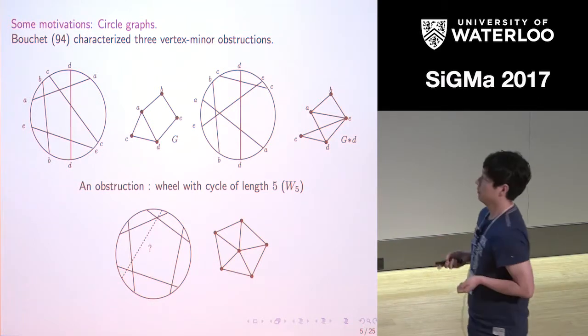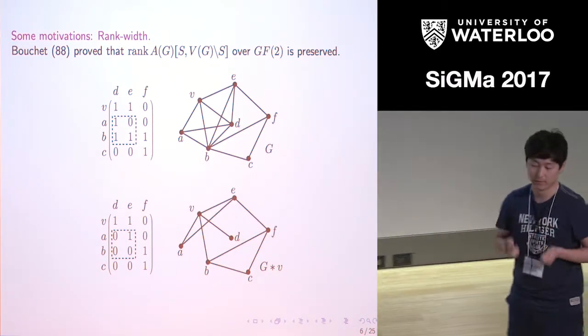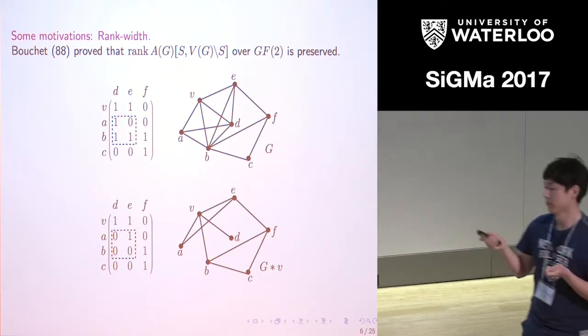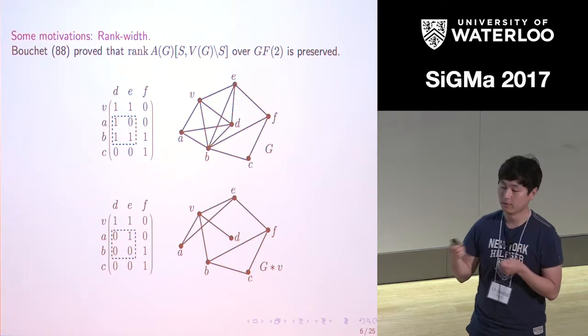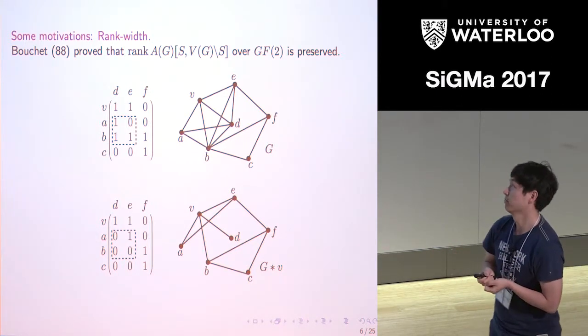Also, another motivation: I'm mostly working on rank-width. Rank-width is a graph width parameter. I don't want to define it exactly, but it is useful for dealing with dense graph classes.